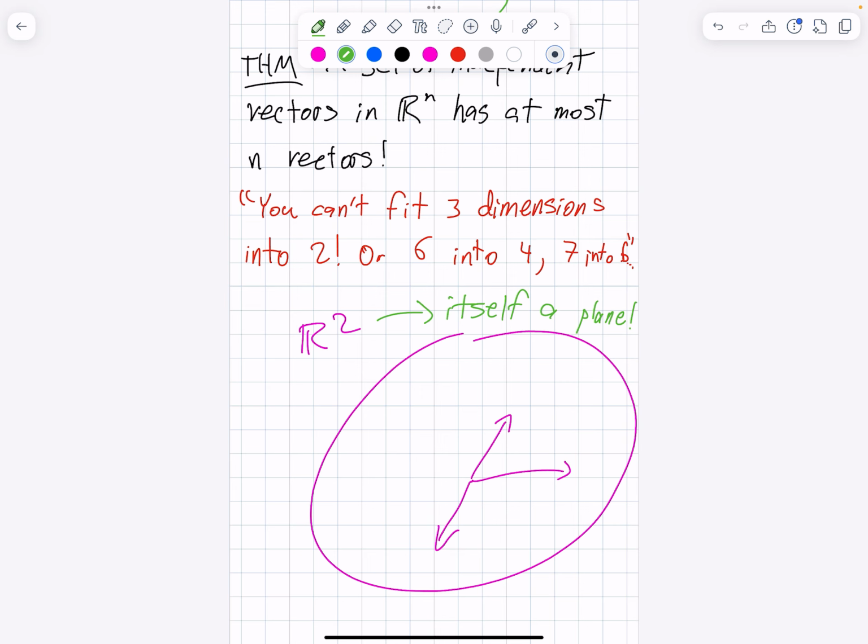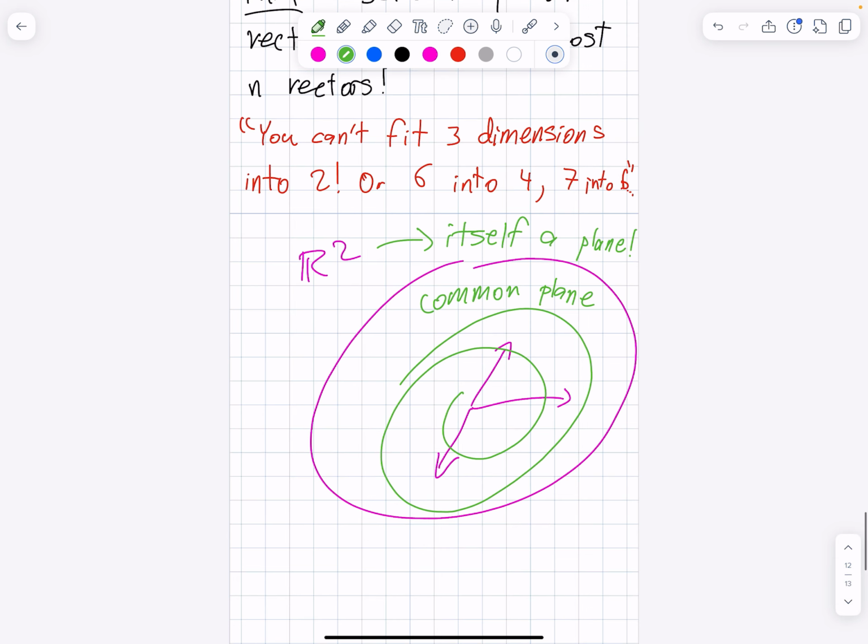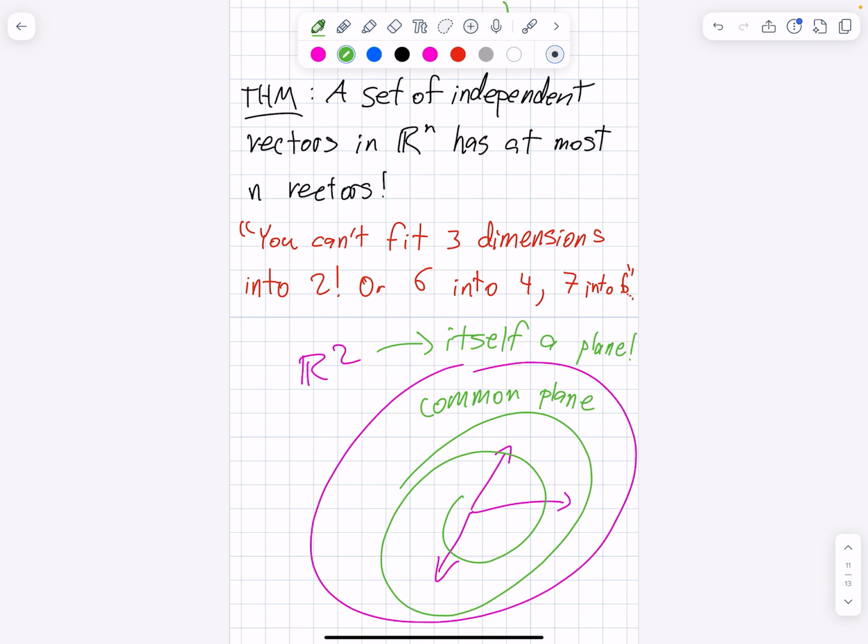So automatically, we see that these 3 vectors are contained in some common plane, right? And so this implies they're not independent. And when you're interpreting this theorem I've just written here, this is the picture to have in mind. If you try to have a set of 3 independent vectors in a 2-dimensional space, such as R2, this is equivalent to trying to fit 3 dimensions into 2, and that's just not possible. How could you crush all of 3-dimensional space into this flat sheet of paper? It just, on the level of intuition, it just doesn't work.